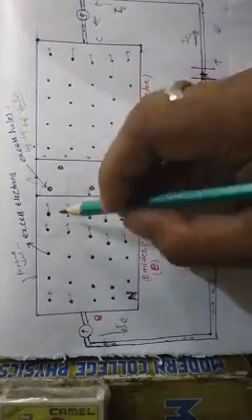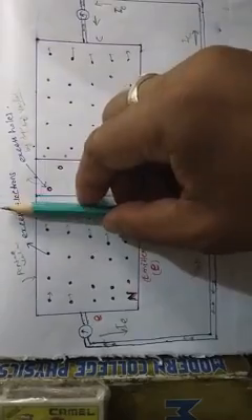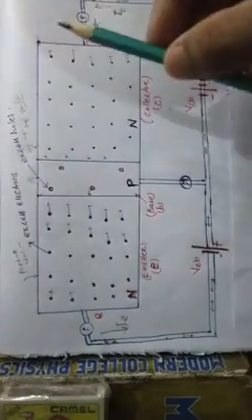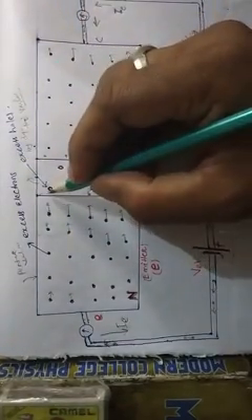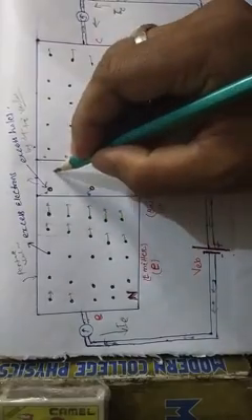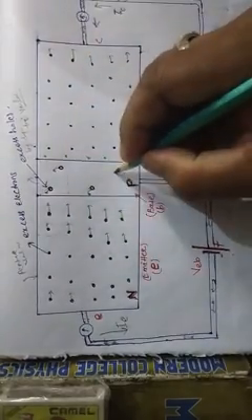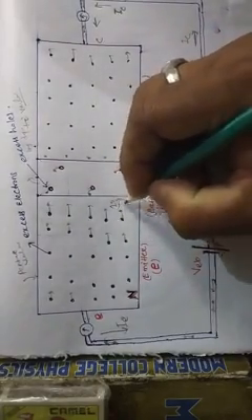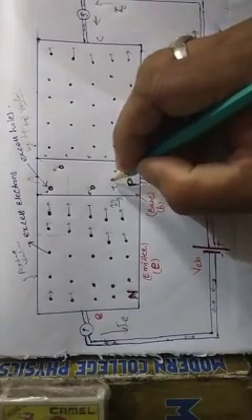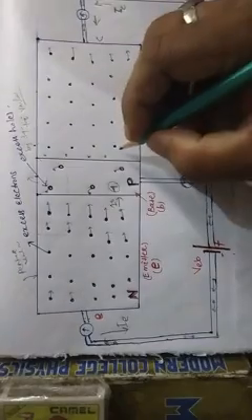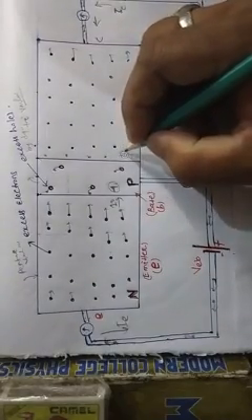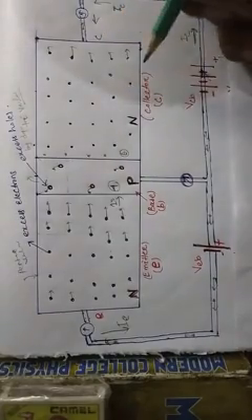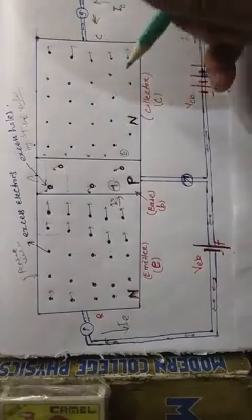Suppose at a time 10 electrons are injected from the N side or emitter side to the base side, only 4 electrons are recombined, and the rest 6 electrons reach the collector part.